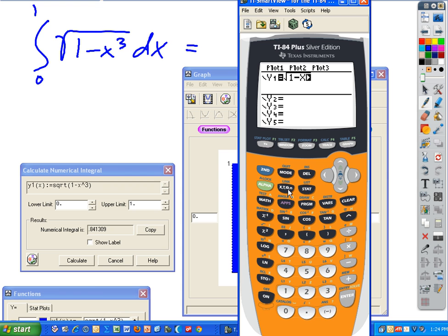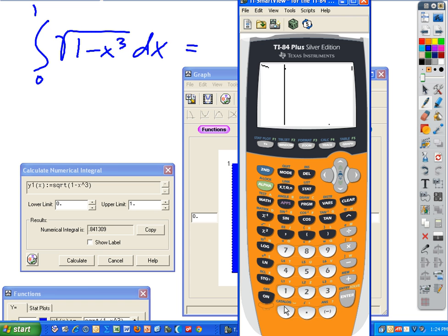Then let's set the window from negative 0.5 to 1.5, whatever you choose. And then I'll just go zoom fit. Zoom 0.